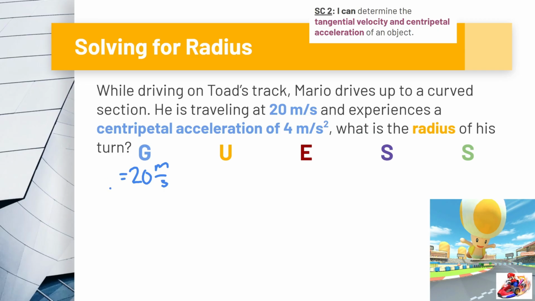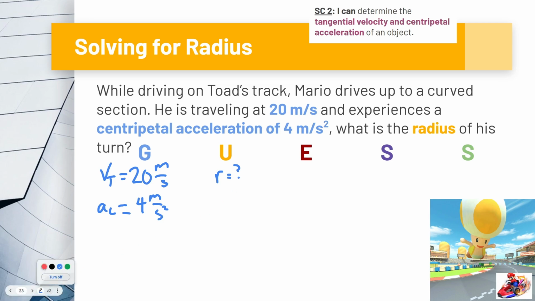That means that it has to be our speed, aka our velocity. And since we are traveling around in a circle, that means that speed is my tangential speed. All right. The centripetal acceleration is 4 meters per second squared. It tells us right there. And then the last thing that we are looking for is the radius.